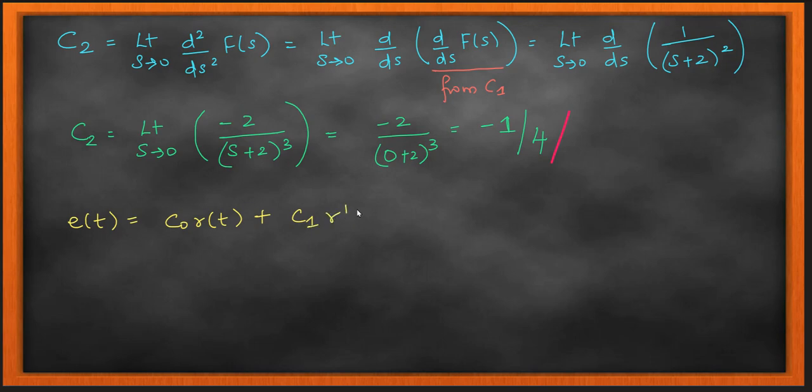Then taking the limit s tends to 0, I'm going to get that to be minus 2 by 8, and that is coming out to be minus 1 by 4. Done. So now I have my C0, C1, C2, r(t), r dash t, and r double dash t.